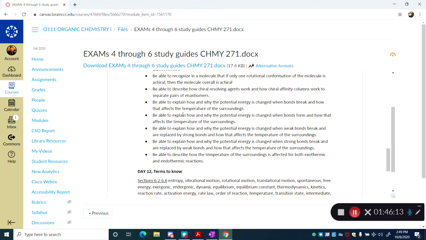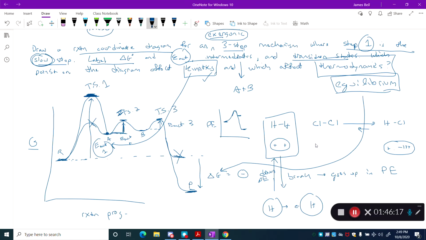Oh, what about the temperature of the surroundings? Well, we know that if the potential energy on net goes up, energy can't be created out of nothing. It has to come from the surroundings. So that would be a temperature decrease for the surroundings. The kinetic energy of the surroundings has to be converted into potential energy for the potential energy to go up.